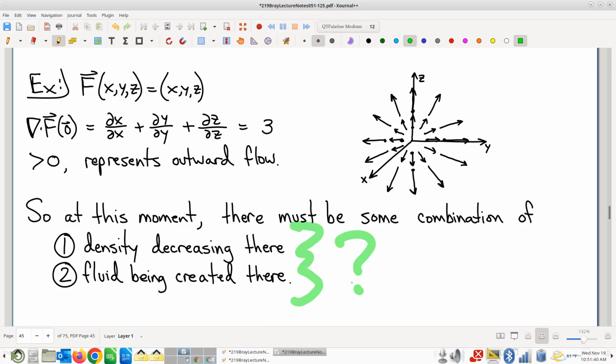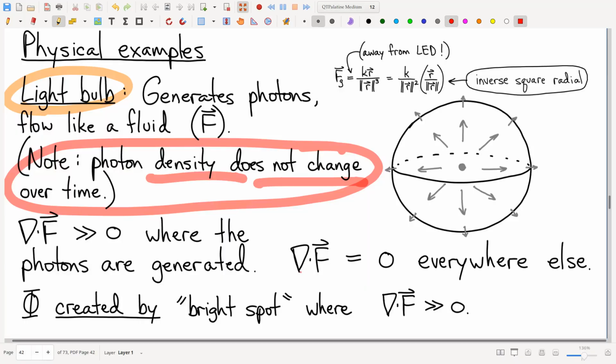So it depends on the kind of fluid you're talking about. I made the comment at the time that you've got to think about your physical scenario and ask, wait a minute, which one of these cases is it? What kind of fluid are we talking about, before you can make a reasonable case for how to physically interpret divergence. So in this case, we are talking about the version where we're generating the fluid and the density is constant. Is that cool?